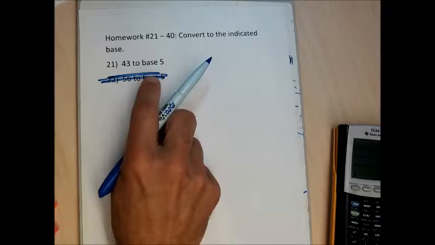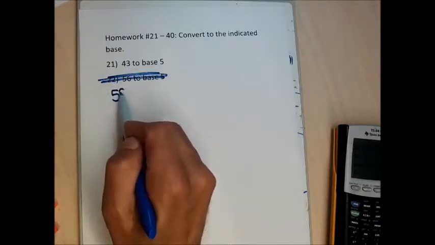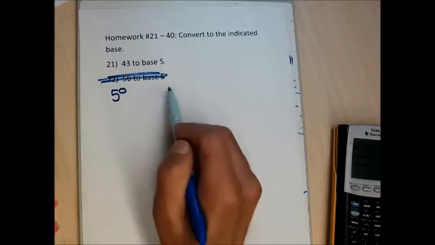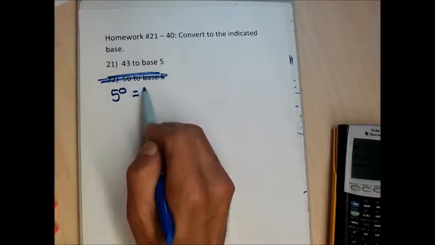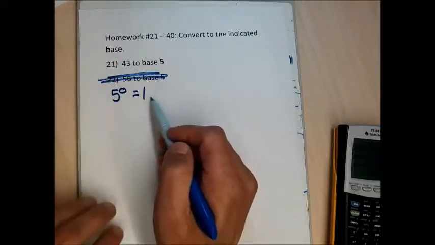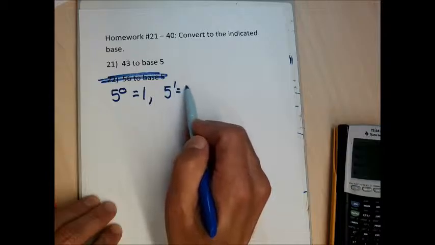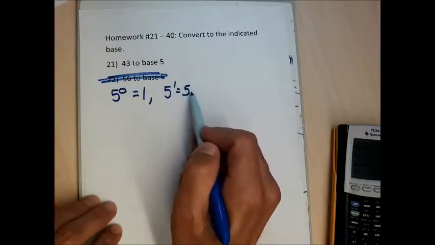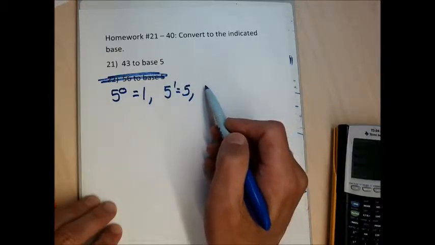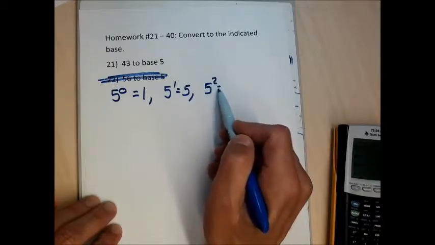I need to look at base 5 and find all the powers of 5 that are less than 43. So I'm going to look at 5 to the 0. I know that that's equal to 1. That's less than 43, so I'm going to write the next power of 5 down. 5 to the first power is equal to 5. Less than 43, I'm going to write the next power of 5 down. 5 squared is 25.